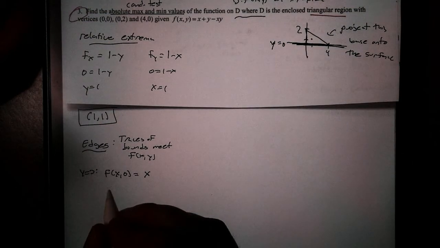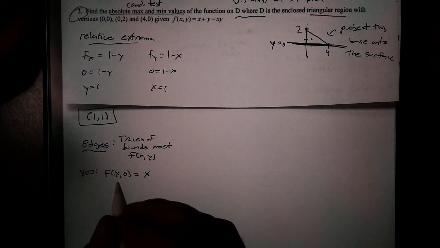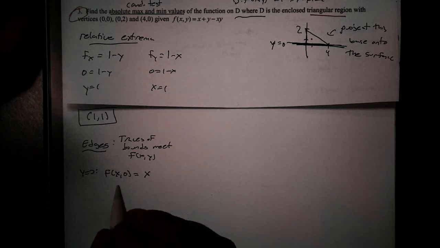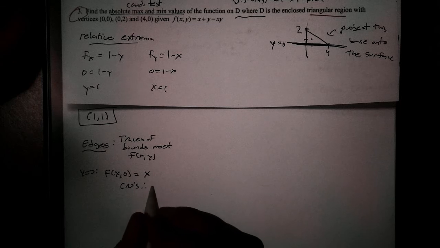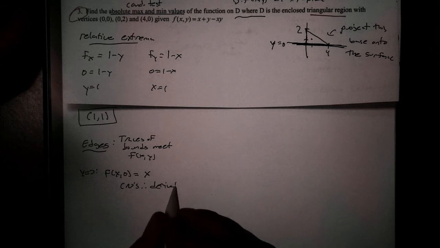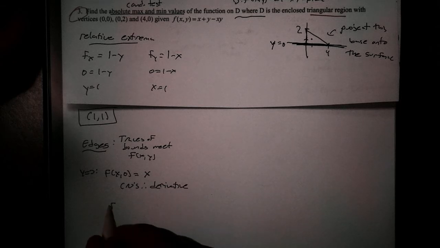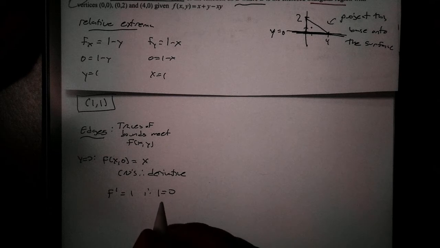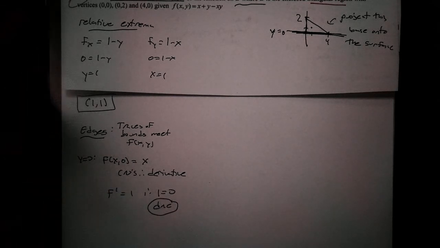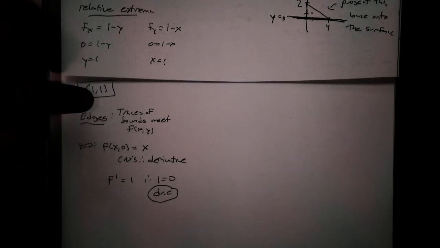So I am looking for the critical numbers, therefore we need the derivative. This one's kind of neat. When I take the derivative, we just get 1. And remember, to find a critical number, we set that equal to 0. Well, 1 can't equal 0, so therefore this is DNE. There will be no critical numbers on that particular edge.